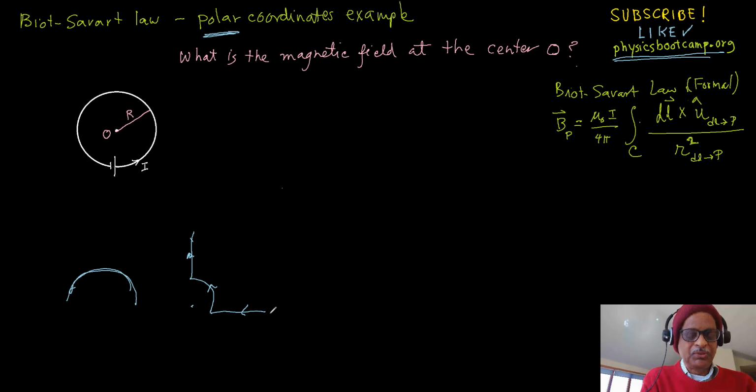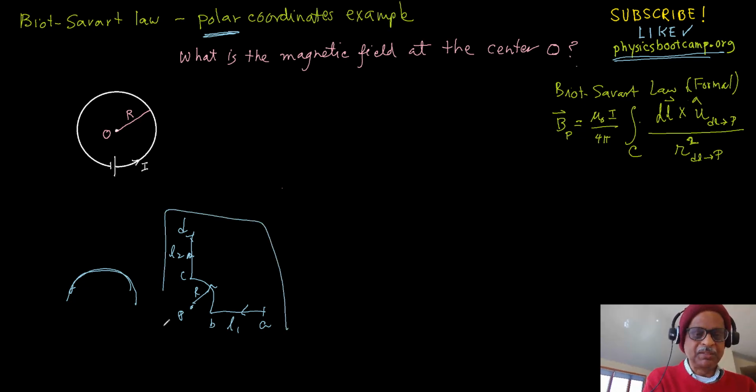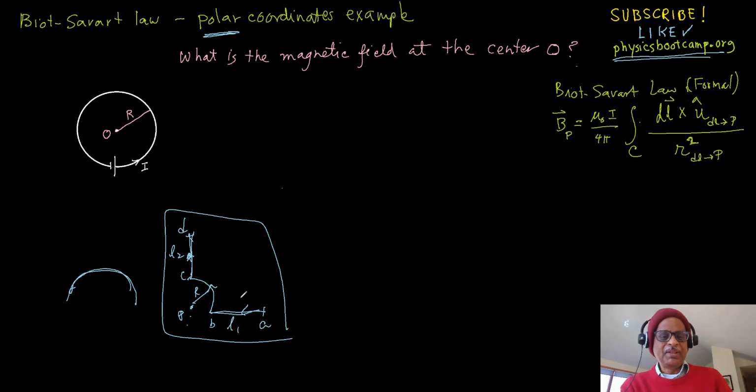So you need to find, say, from A to B to C to D, and then say this is L1 and this is L2 and this is some R, and that's the point P at the center. So you need to find what's the magnetic field there. So you get one from here, one from here, and one from here. Okay, and you can add them up.